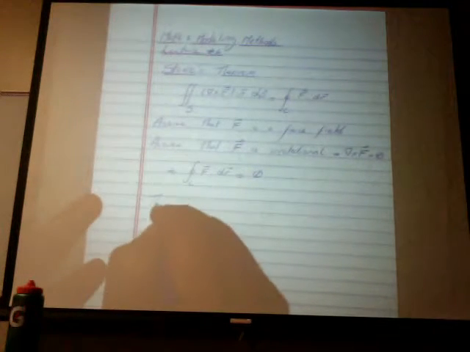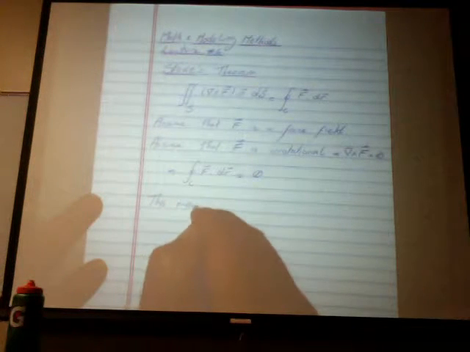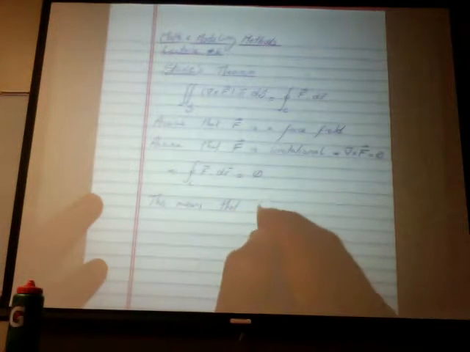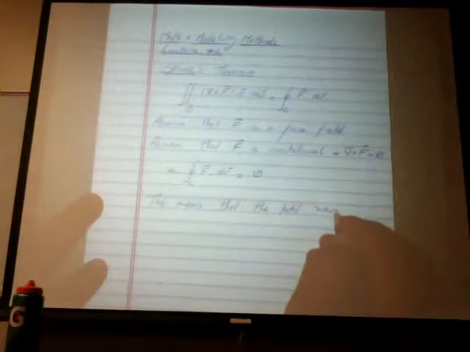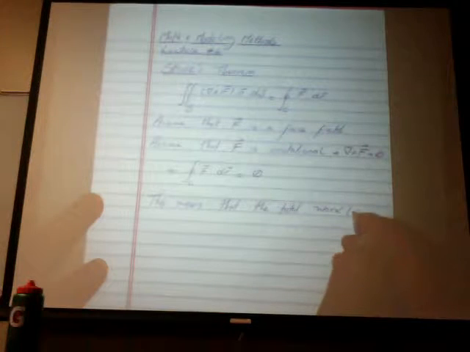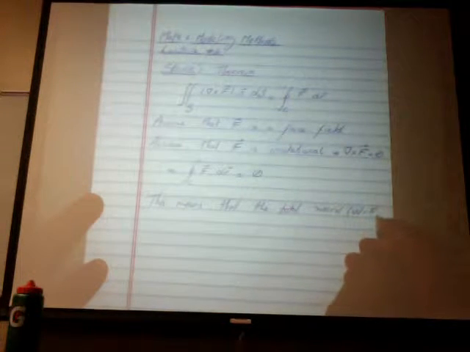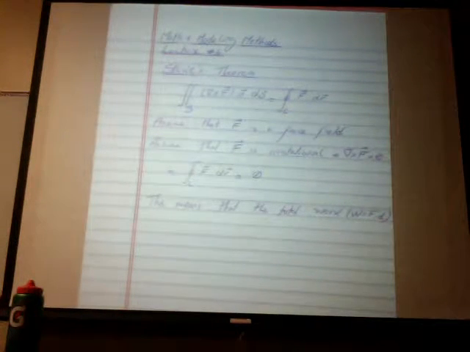All right, so that means that if I take the integral of that force field along a line that is closed, any line that is closed, I'm going to get 0. So this means physically that the total work, well, why work? Because work is equal to force times distance, and that's basically what we're doing with that integral.